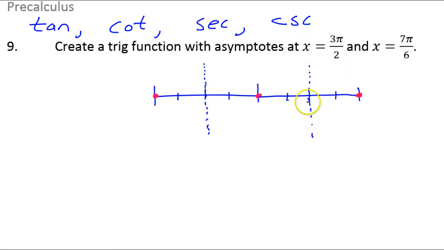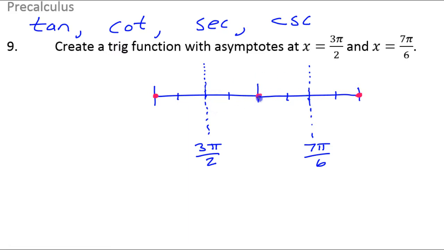Okay? So imagine that these vertical asymptotes are 3 pi over 2 and 7 pi over 6. This would represent the period of the function. So for the tangent function, to get from one asymptote to another, you have to go a full period.